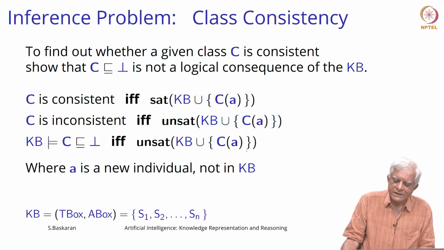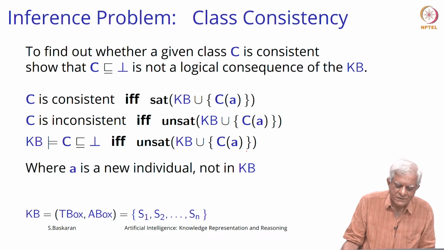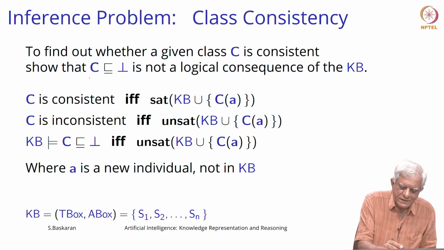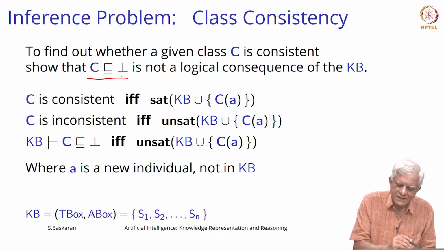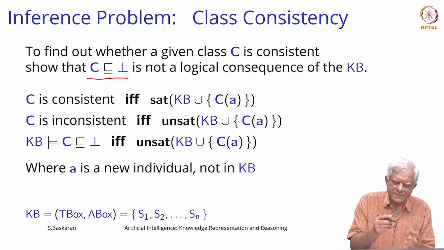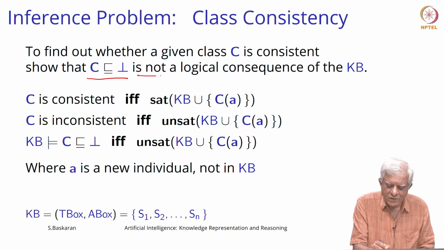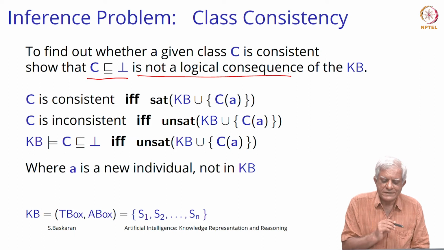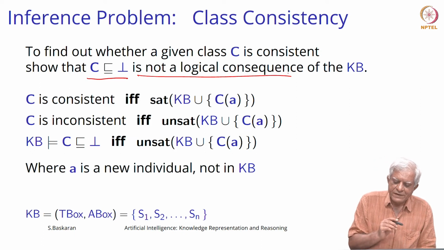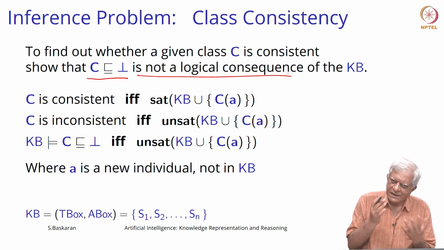To find out whether a given class C is consistent, show that C is not an empty set. So, this stands for C is subsumed by the empty set, which means C is an empty set, is not a logical consequence of the knowledge base essentially. If it is not an empty set, then it will have some element, and that means it is satisfiable.